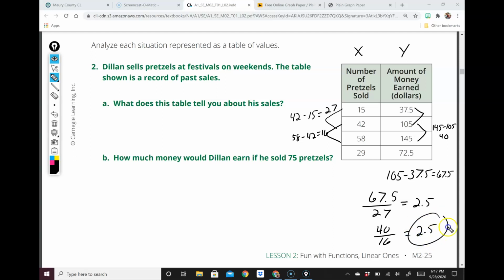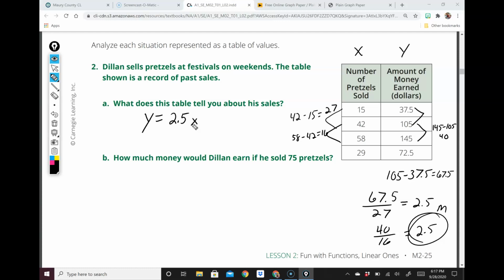So we can say that 2.5 is the slope, it's the rate of change, it's the rate he's earning for each pretzel that he's selling. So we could say that for each pretzel, he is making a profit of 2.5.